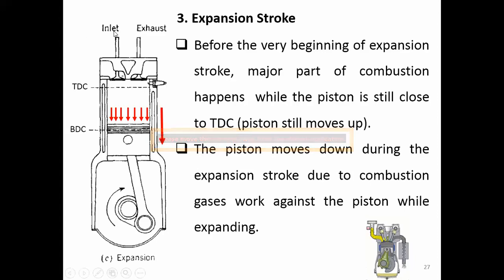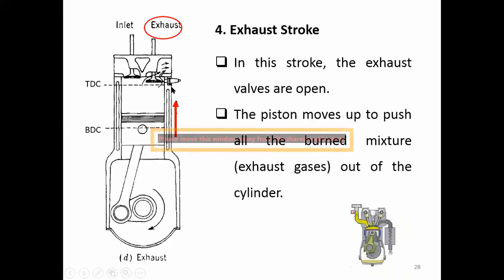You can see that both the inlet valve and the exhaust valve are still closed. Then when the piston moves down to the bottom dead center, it cannot move down any further, so it starts moving up. The exhaust valve opens, so the exhaust stroke starts.